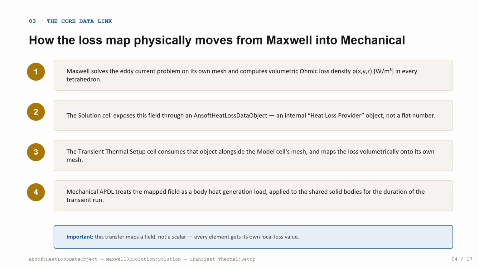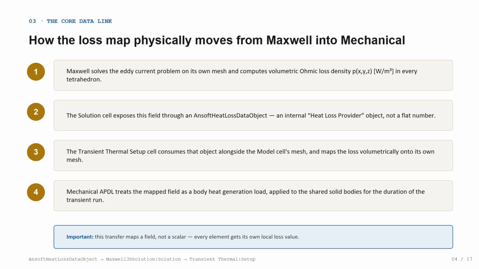Step 2. That field is not simply written out as a number. It is exposed through an internal object called an Ansys heat loss data object. Think of it as a heat loss provider that carries the full spatial distribution, not a single scalar.